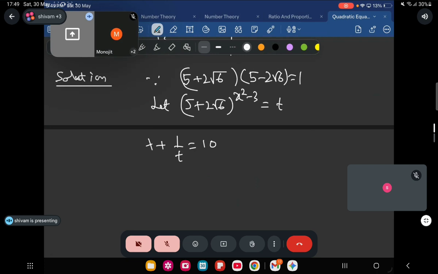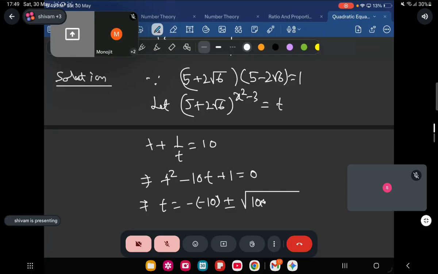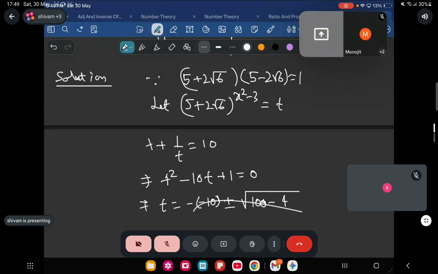Tell me, everyone. So from here, what do we get? t square minus 10t plus 1 equal to 0. From here, t is equal to minus of minus 10 plus minus root over b square minus 4ac, that is 100 minus 4, divided by 2.